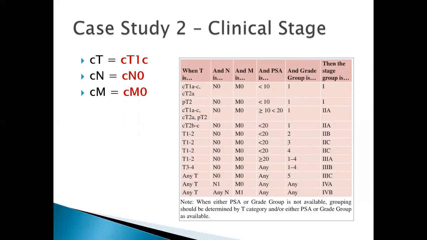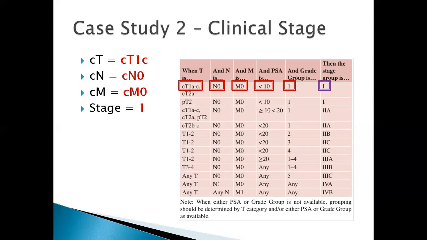So we go to our table, we find the cT1c. Then we have N0, M0. The PSA was less than 10, it was 8.14. Our grade group was 1, so our stage group is 1.